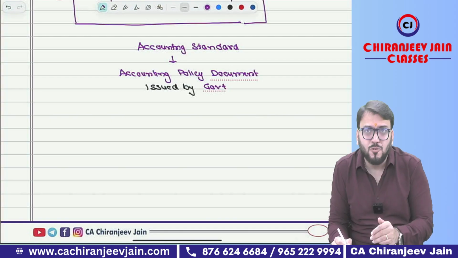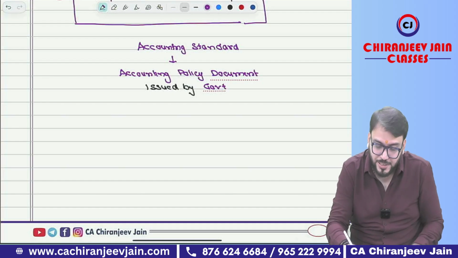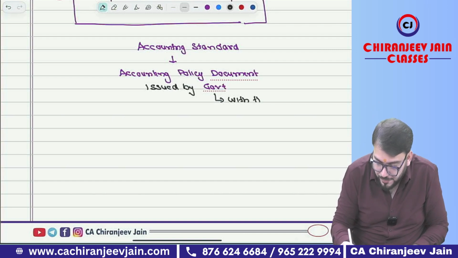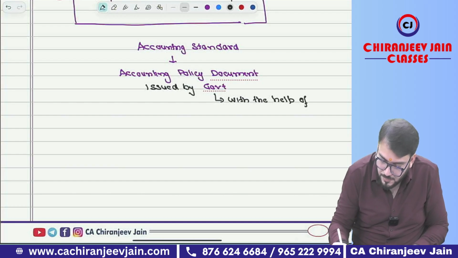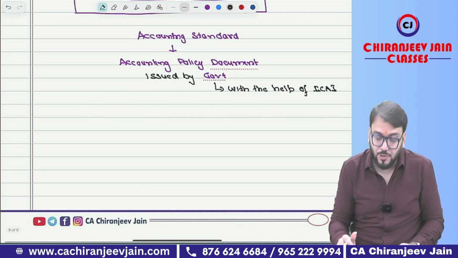Issued by government, of course, with the help of ICAI only, with the help of Institute of Chartered Accountants of India. If you write down, with the help of ICAI. It is a policy document, accounting policy document.